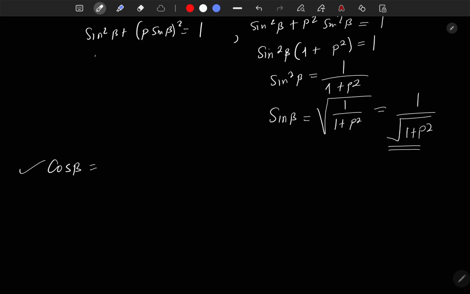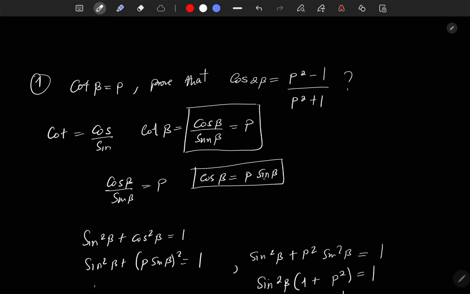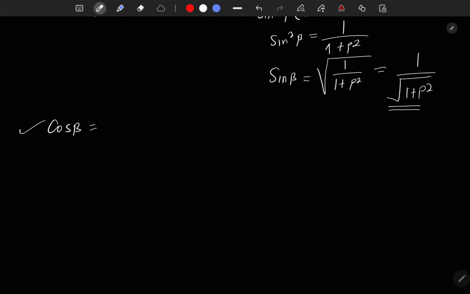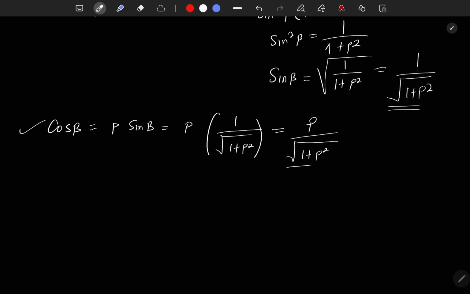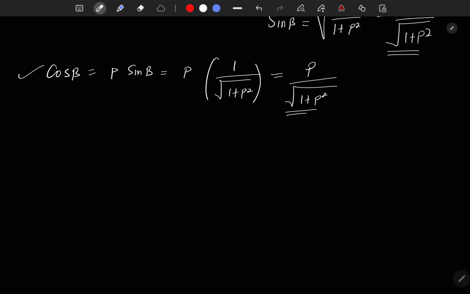Again, we know that cos beta is just P multiplied by sine beta. Meaning that this is P times the square root of 1 over 1 plus P squared, which will give me P over the square root of 1 plus P squared. Again, where we are going, we will need to apply the double angle identities, especially for cosine.